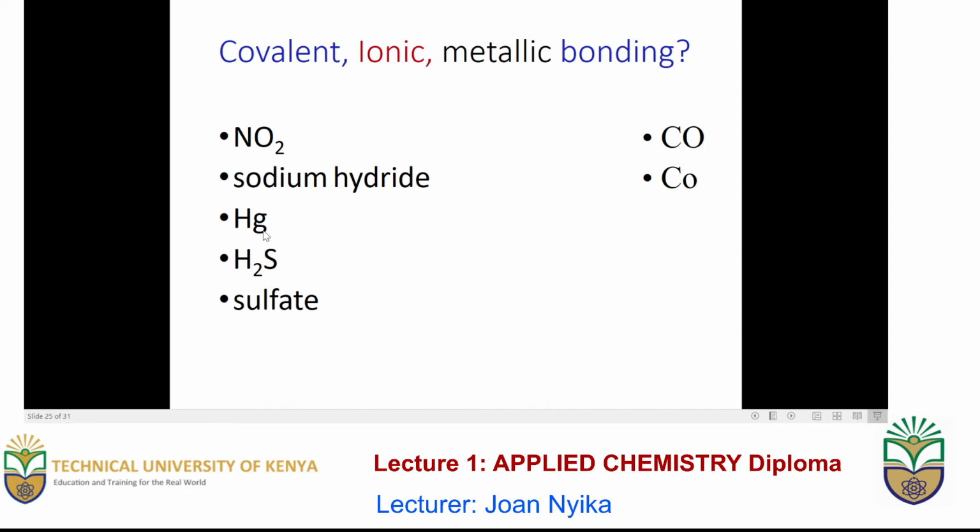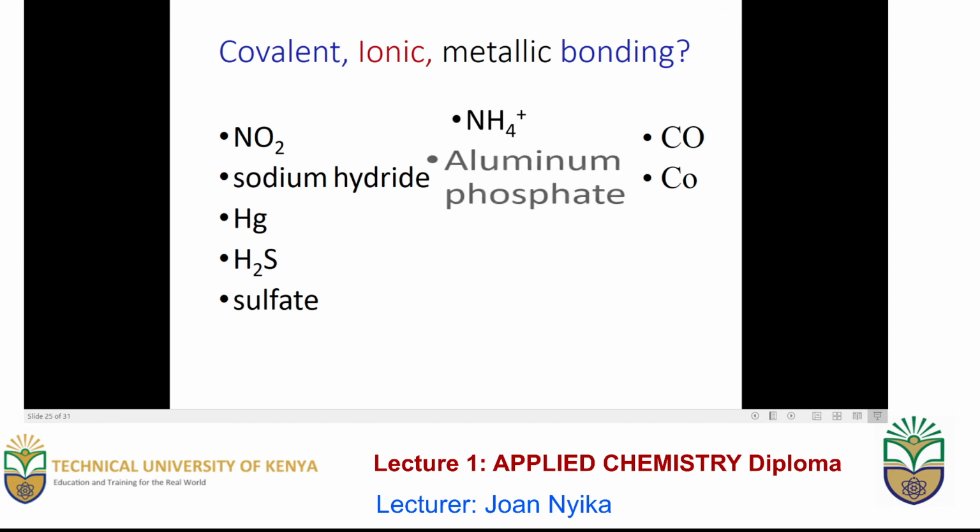When you look at the case of mercury, mercury is a heavy metal with a positive charge of 2. Therefore, if there are many and they are dissolved in water, they only form a positive charge, hence a metallic bonding. You can try to answer these with as many compounds as you can. Differentiate them between a covalent, ionic, or metallic bond.